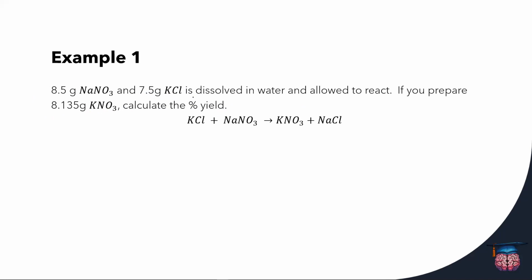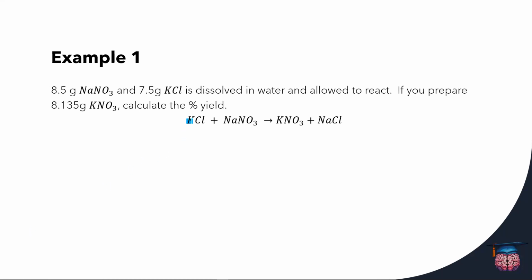So now we just simply go through our steps. So step 1 was to check that the equation is balanced. So for convenience sake, this was already balanced. Step 2 is to go and determine what our reagents are.